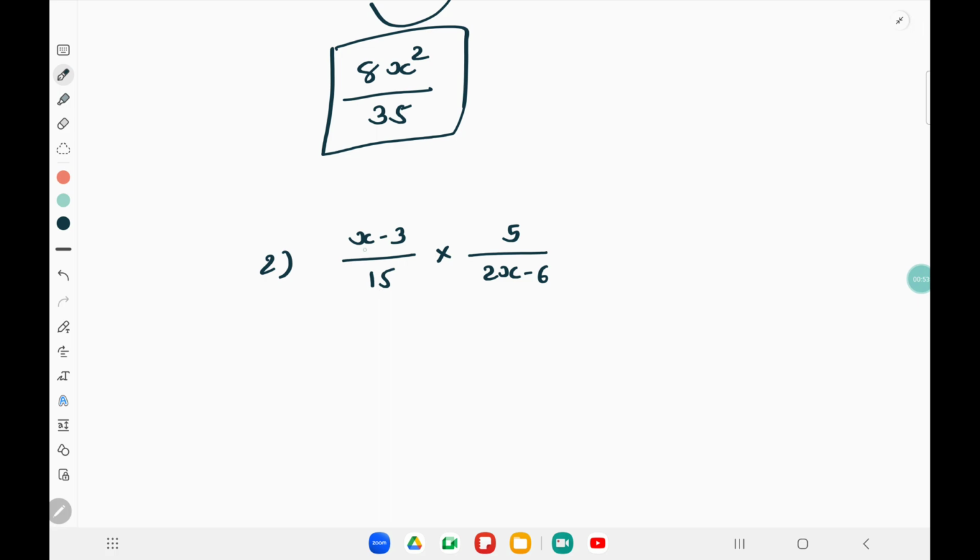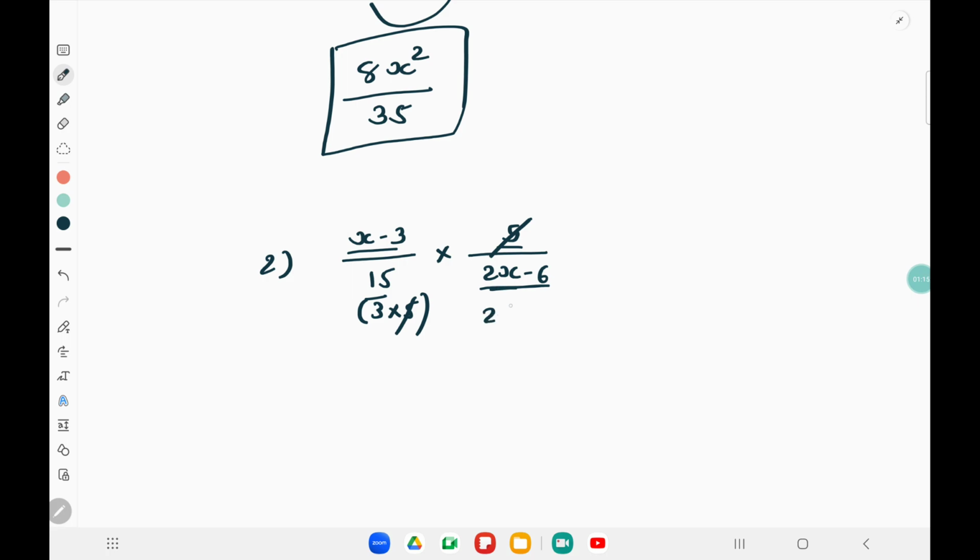Here, 15 and 5 both have a common factor of 5, right? Because 15 means 3 times 5. So we can cancel down 5 and 5. And in this expression, 2x minus 6 has a common factor 2.